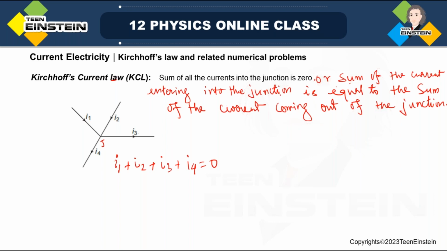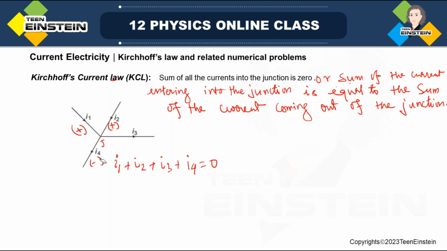Now according to the second statement, the current entering and going out of a junction can be assigned a sign. Suppose the currents entering into the junction are assigned a positive sign, and the ones coming out of the junction are assigned a negative sign.